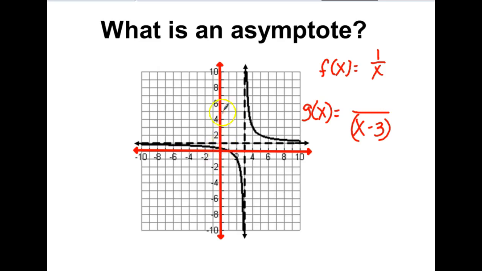This parent graph would have an asymptote here. This has been moved over 3. The parent graph would have an asymptote here. It's been moved how much? And it's been stretched. How do you find out the stretch? How do you find out the A? Do you remember that from the lesson on Friday?